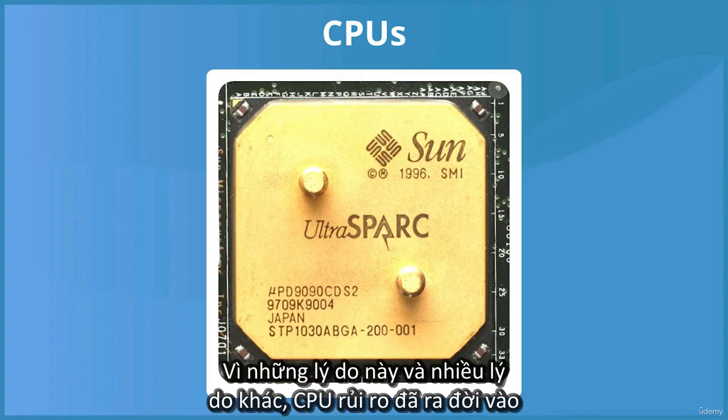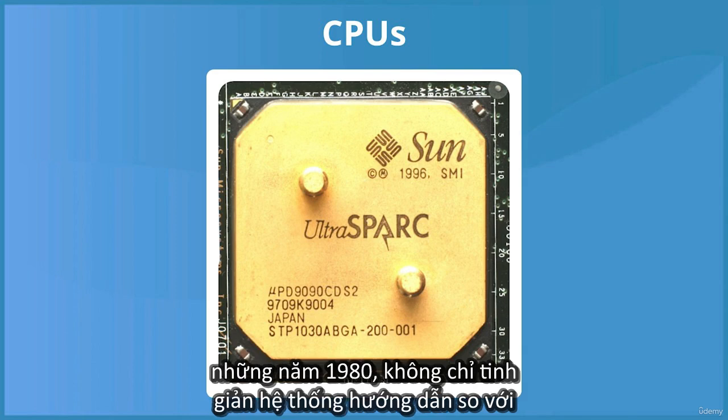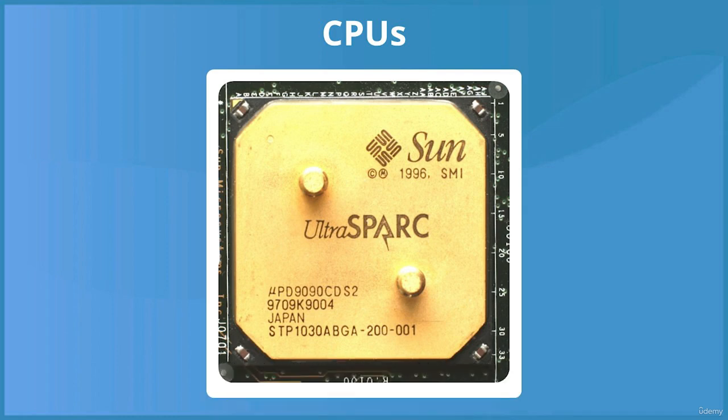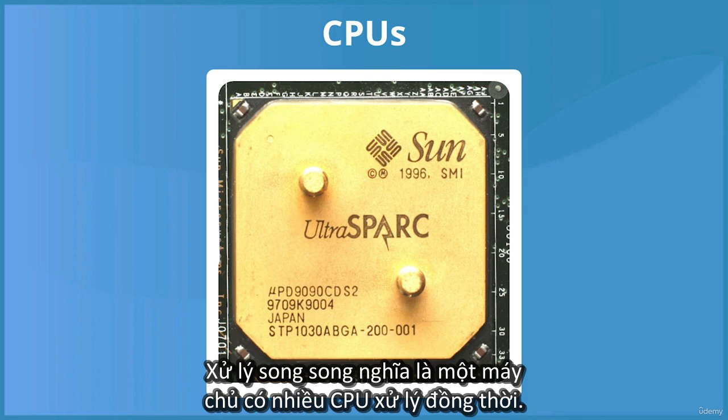So for these reasons and many more, the RISC CPU was born in the 1980s, which not only streamlined the instruction system compared with CISC CPUs, but also adopted a structure called superscalar and superpipeline, which greatly increased the parallel processing capability. Parallel processing means that a server has multiple CPUs processing simultaneously.